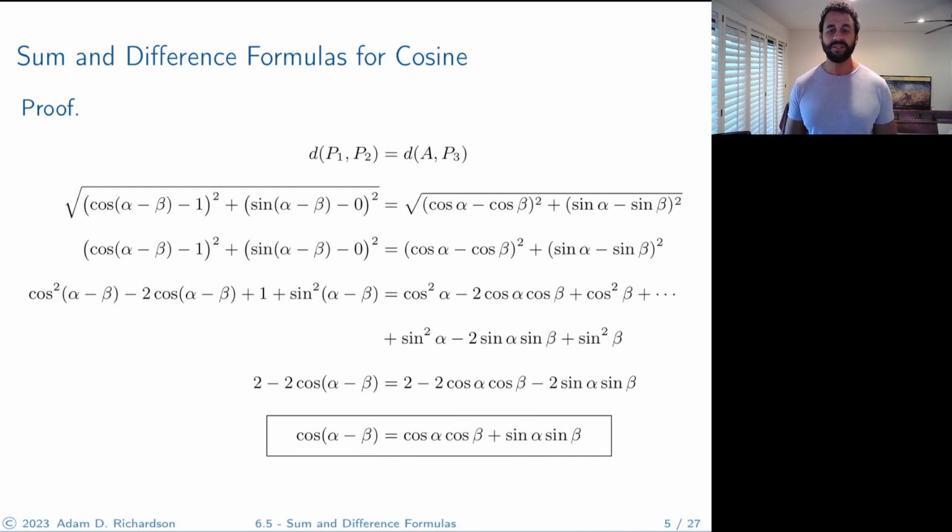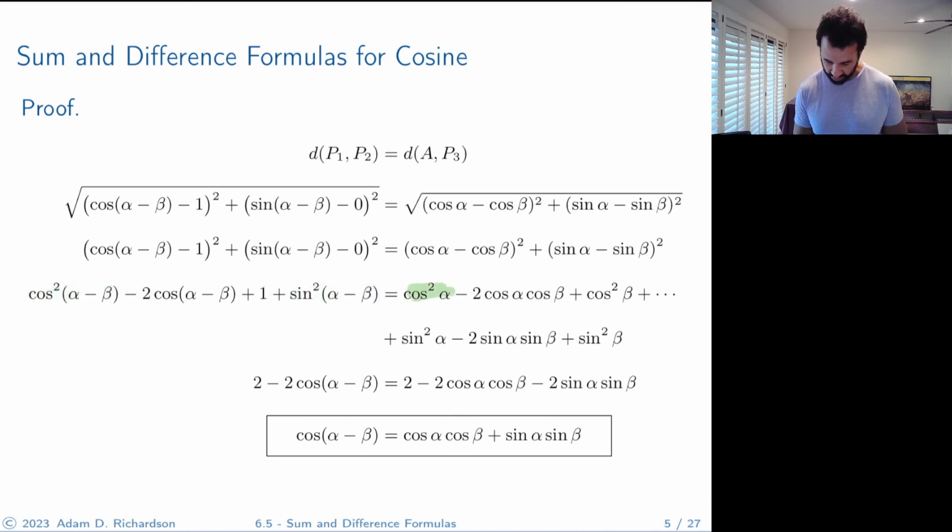All right, now what you can do is simplify a few things. You've got some things that are going to end up equaling 1. For example, let me highlight these. Look, we've got cosine squared of alpha minus beta and sine squared of alpha minus beta. Well, by the Pythagorean identity, that's equal to 1. So that just becomes 1. And when we combine it with this 1, that's where we get 2. And the same thing happens on the other side. Actually, let me clear this up.